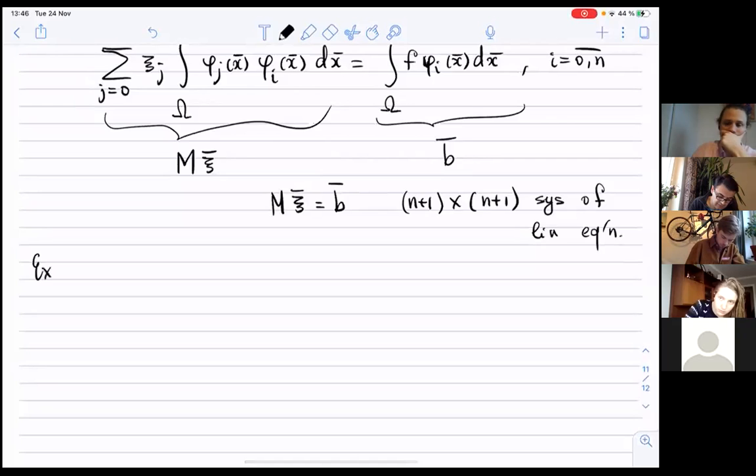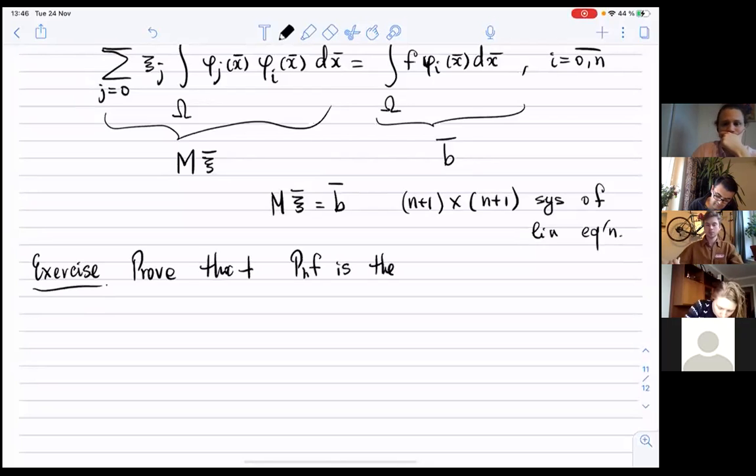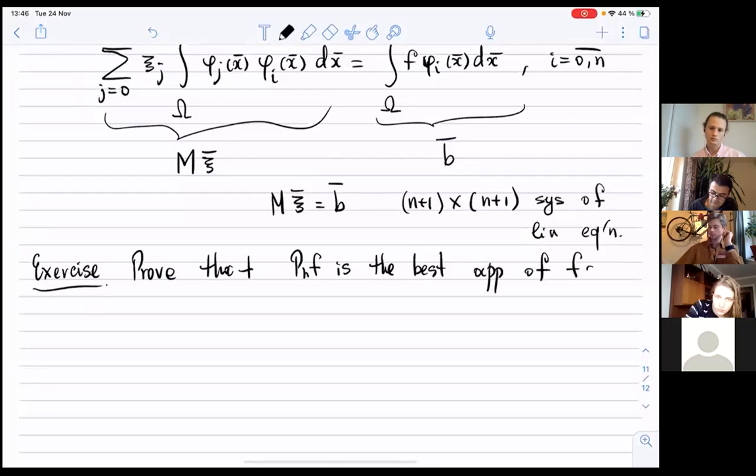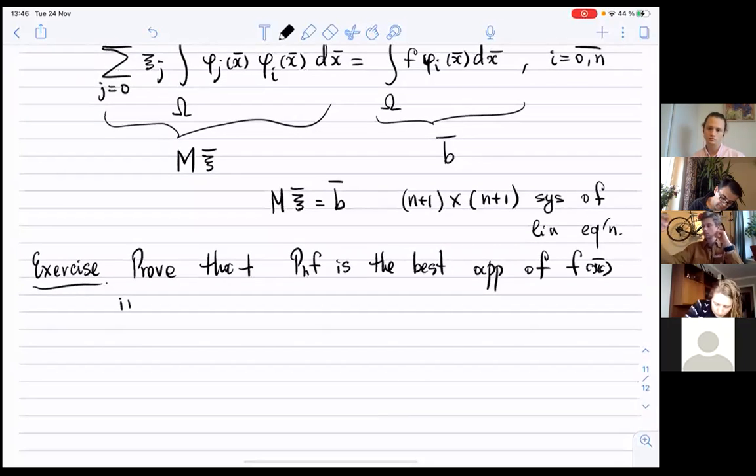So the exercise says, prove that PHF is the best approximation of function f of x in the finite element space VH.